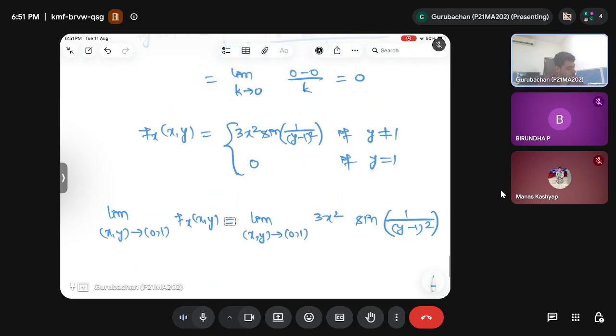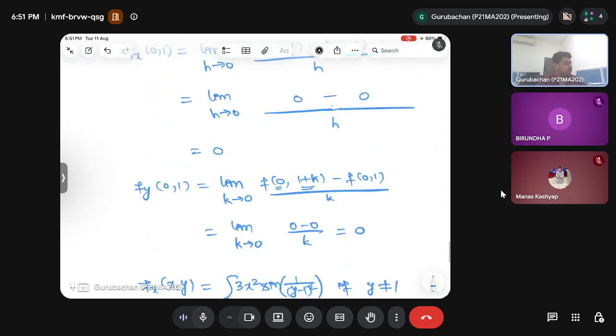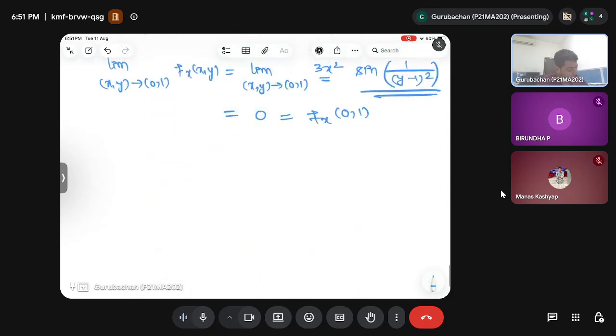Again, this is a finite quantity multiplied by some x that is going to 0. So overall it is 0. This is fx at 0 1. So again, your fx is continuous at the point 0 1.